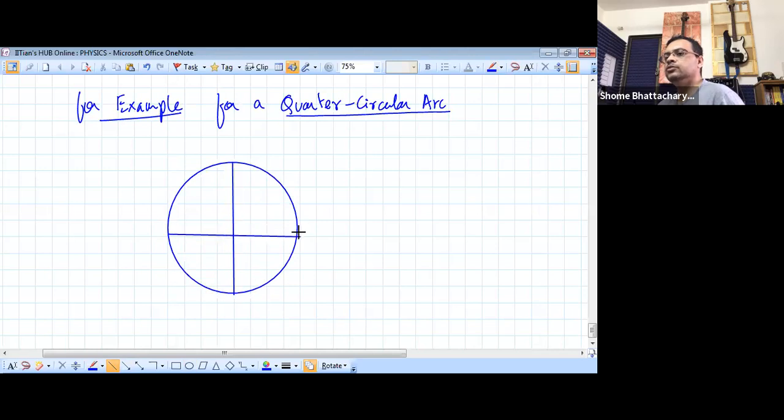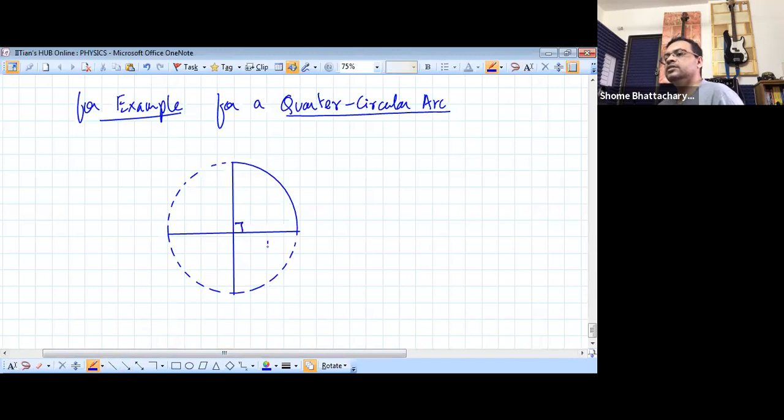It's pi by 2. So if I'm now just talking about this portion, which is subtending an angle of 90 degrees.